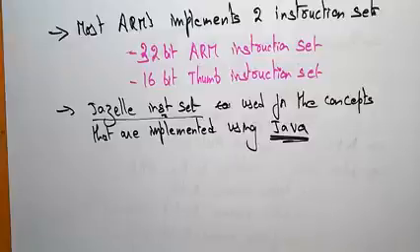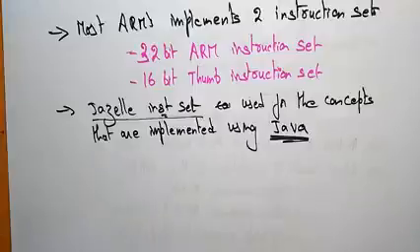So for the ARM architecture, the main thing is the instruction set. If you are talking about the ARM architecture, you need to know about the instruction sets, because the instruction set works with the registers. Those registers are of 32-bit size. Each register is of 32-bit size, since ARM is a 32-bit architecture.